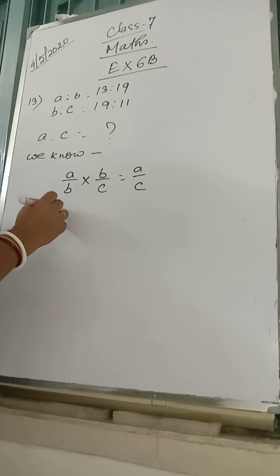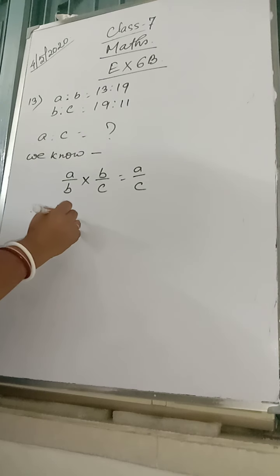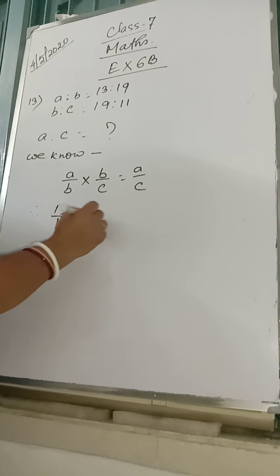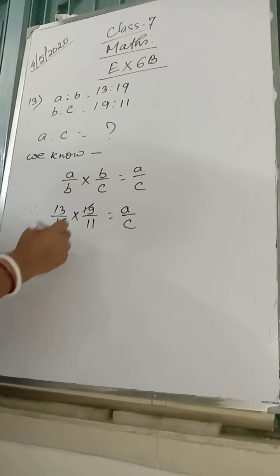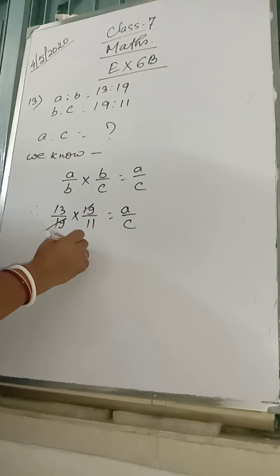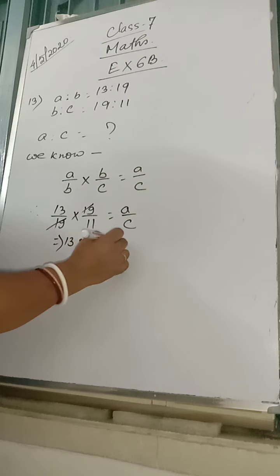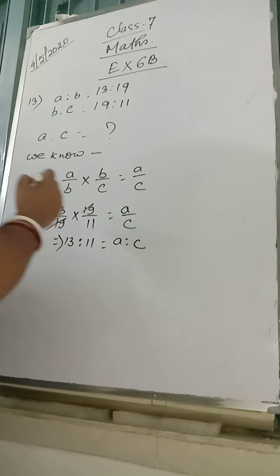So therefore 13 by 19 into 19 by 11 is equal to A by C. This 19 is cancelled. 13 is to 11 is equal to A is to C. We got the answer.